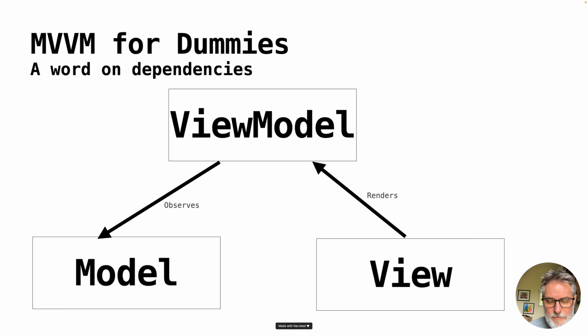And then all user interaction goes from view to view model. It manipulates some data inside the view model and potentially updates the model. Then all the other view models that are observing the same model can update, and then any changes within the view model are rendered by the views that depend on the view models. And that is how MVVM works.